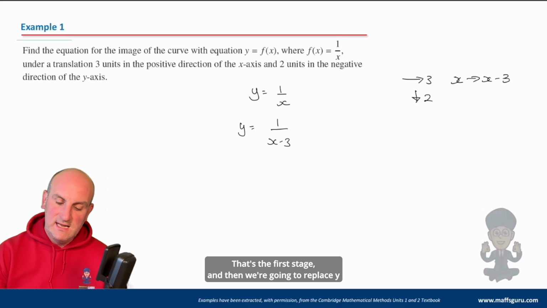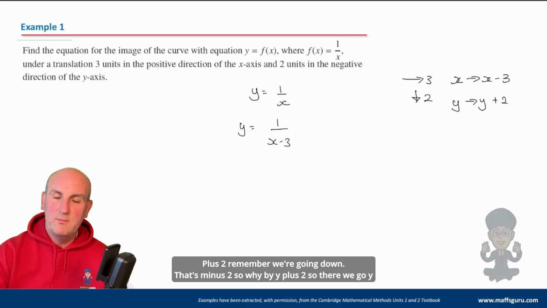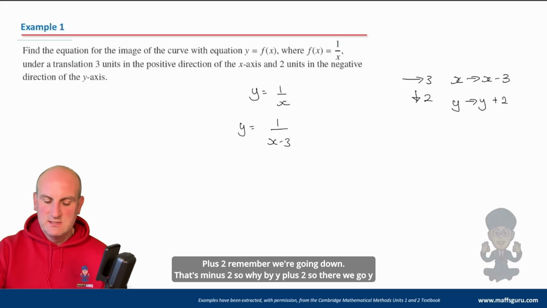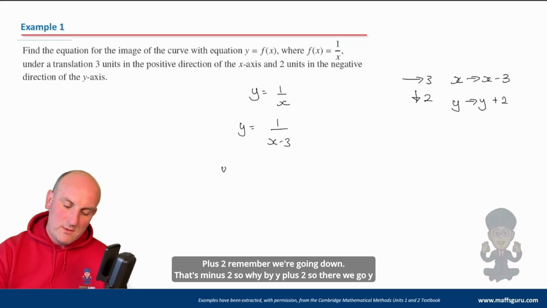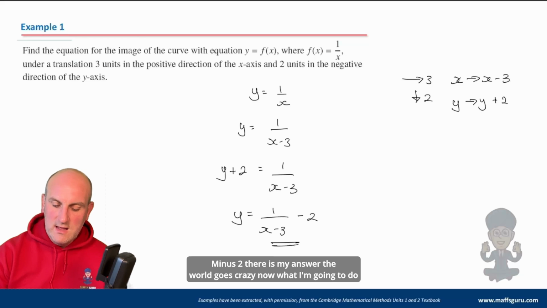That's the first stage. And then we're going to replace y with y plus 2. Remember, we're going down. That's minus 2. So y by y plus 2. So there we go. Y plus 2 is equal to 1 on x minus 3. Then y becomes equal to 1 on x minus 3 minus 2. There is my answer. The world goes crazy.